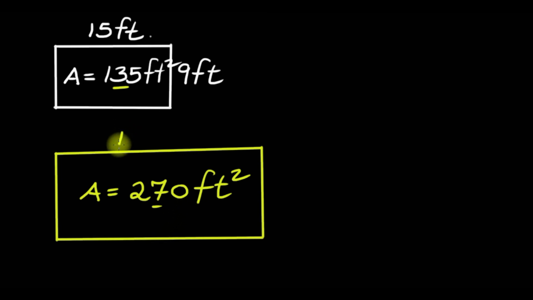So here from the original side we have 15, and then this is 9. So the original was a 15 by 9. How much more do we need to add to 15? And then how much more do we need to add to 9? That when we take length times width, we get 270.